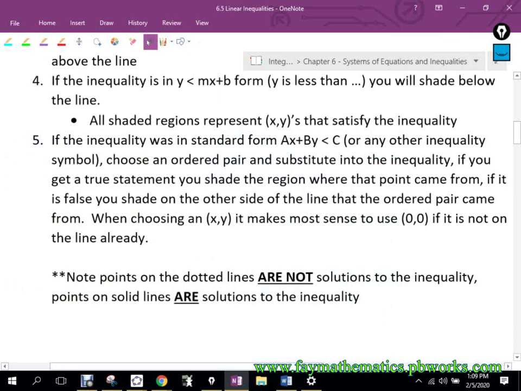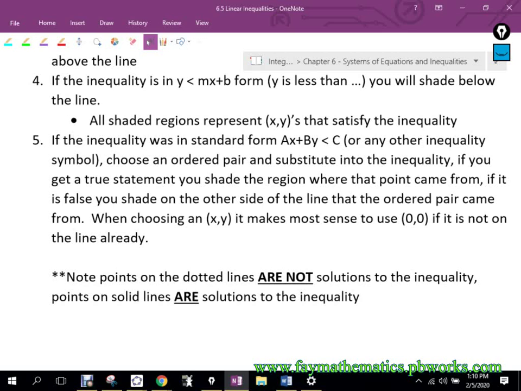What this means, it says all shaded regions represent x, y's or ordered pairs that satisfy the inequality. That means that they make the inequality true. Step 5 is something that we'll come back to later on, because it tells me what to do if the equations were not given in y equals mx plus b form.